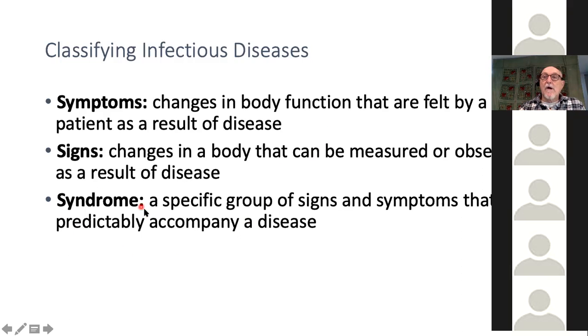A syndrome is a collection of signs and symptoms that predictably are associated with a particular disease, not necessarily exactly the same in all cases. So, for example, the disease caused by HIV is acquired immunodeficiency syndrome.